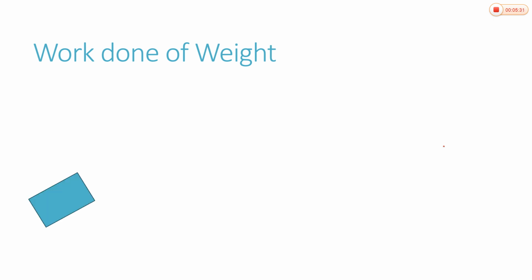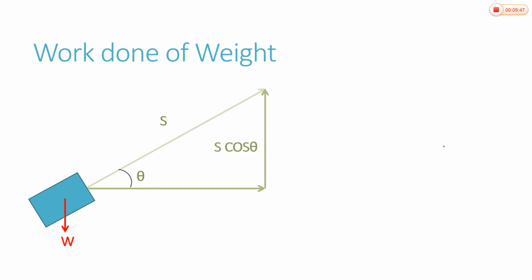Let's assume we have one block whose weight W acts downward, and this block is moving along an inclined plane. The block is going to be displaced along the inclination at an angle theta with the horizontal. Here we need to resolve the displacement of the block in the direction of weight, because weight acts vertically downward.